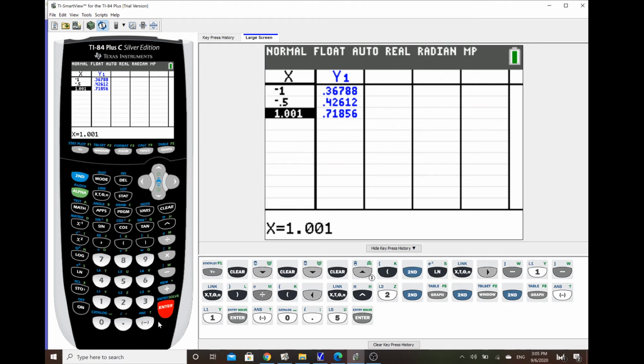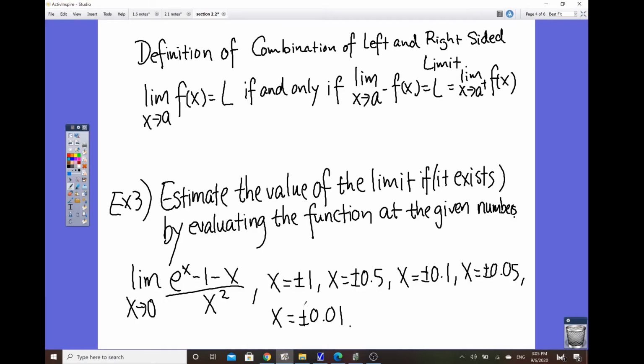For the next ones, going back to the given values: negative 1, negative 0.5, negative 0.1, negative 0.05, and negative 0.01, from left to right.